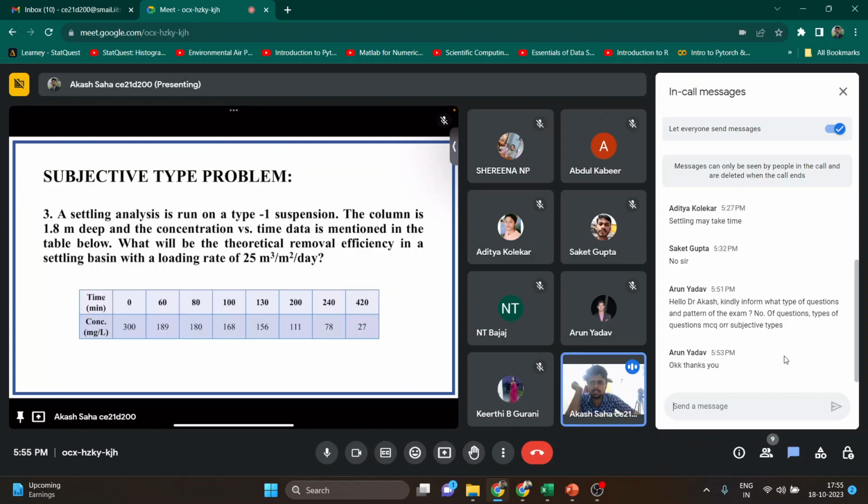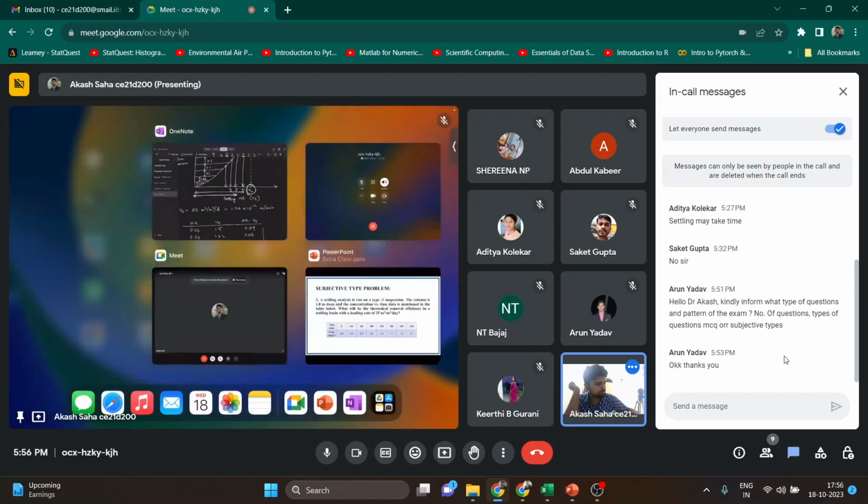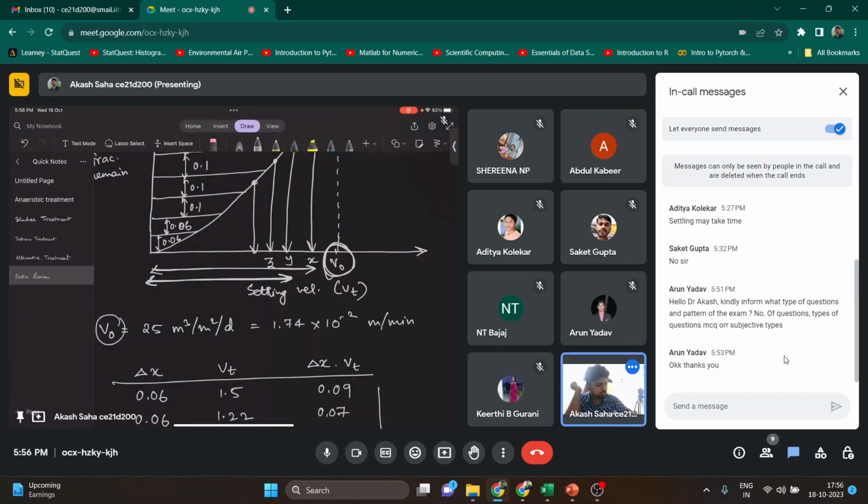That is the basic assumption in any settling type of reactor. So 25 meter cube per meter square is nothing but meter, right? So 25 meter per day is equal to 1.74 into 10 to the power minus 2 meter per minute. This is what I have found out.